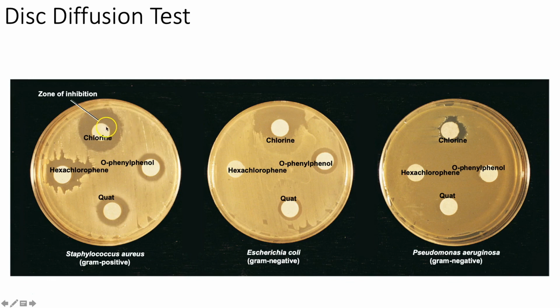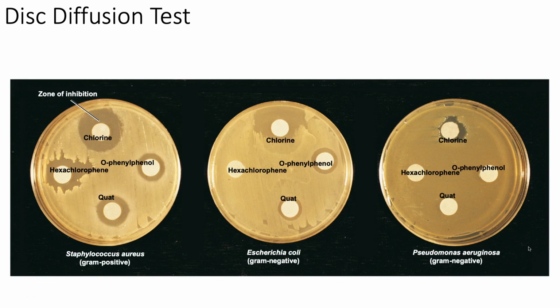Can they actually grow near the bleach? We would call this a zone of inhibition right there. So there's bacteria growing here and bacteria not growing here, and how big that zone of inhibition is tells you how susceptible that specific bacteria is to that chemical. And we're going to see this. This would be a great way to study antibiotics as well.